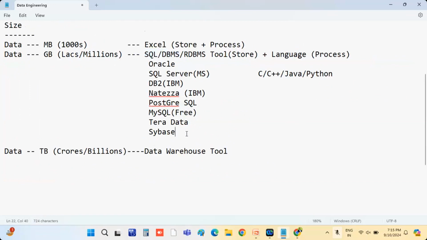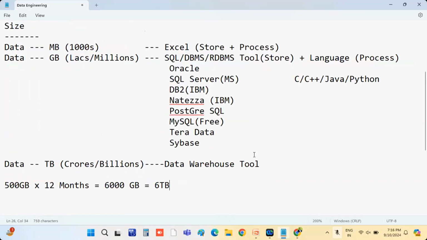For example, take Amazon: every month it gets 500 GB of data. Multiplied by 12 months, that is 6000 GB, approximately 6 terabytes of data. That is one year of data. If you want to store 10 years of data, it becomes 60 terabytes.